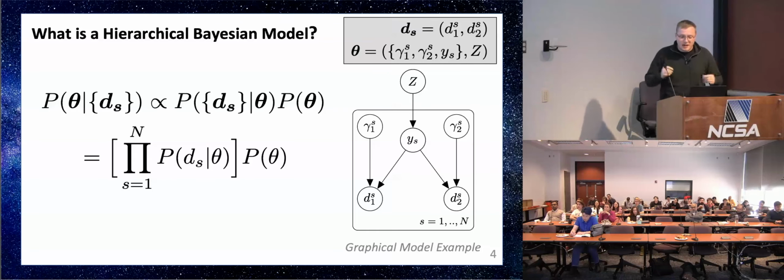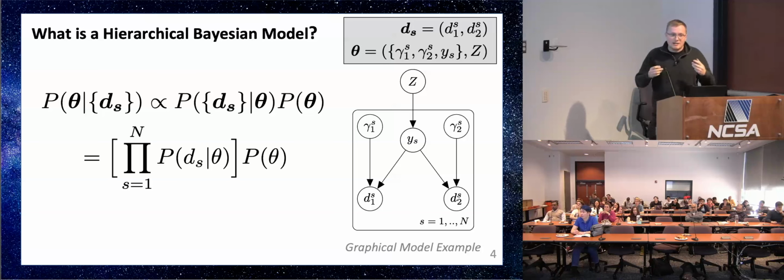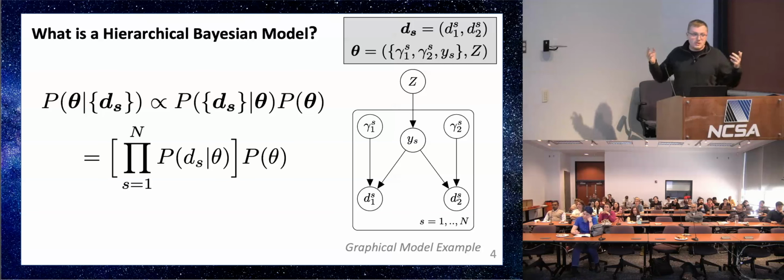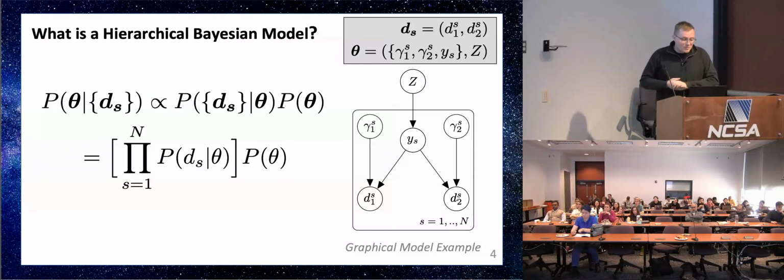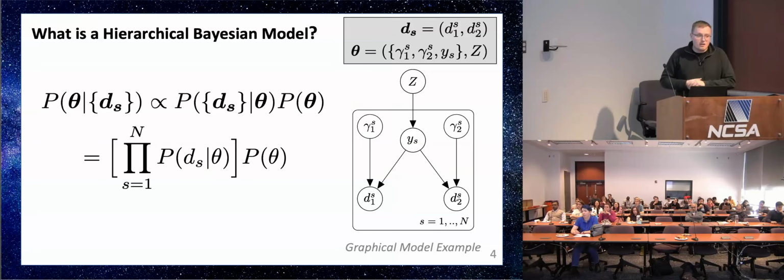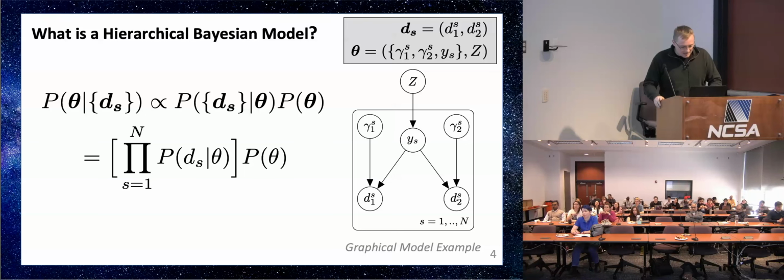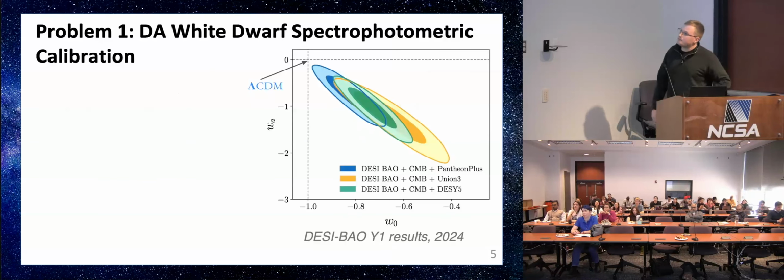And depending on your application, z could be different things. For example, it could be a systematic that's influencing the whole of your data set, or it could be something like cosmology. So I'm going to give two case studies of different hierarchical models that I'm using in my research to give you an idea of what you can do with these types of analysis.